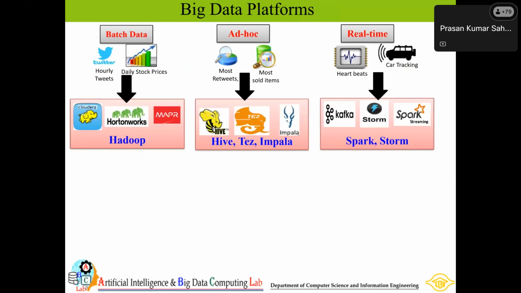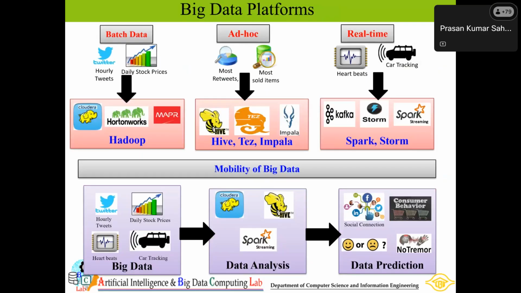So real-time data normally we can store, and once we have stored it, then we need to analyze the data. It could be batch data, ad hoc data, or real-time data. We need to analyze the data, and we need to predict, we need to classify. There are different applications that I'm going to also discuss here.